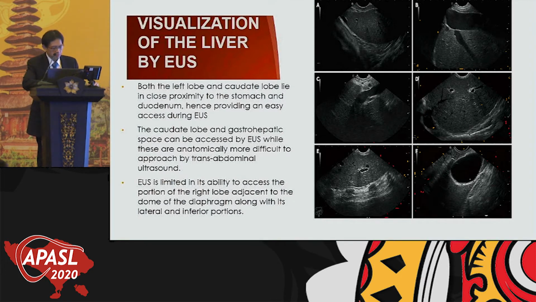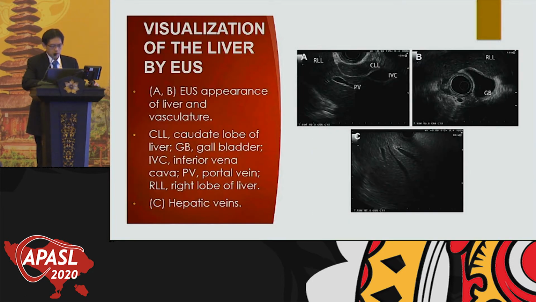Sometimes there is anatomical difficulty in approaching by transabdominal ultrasound, so maybe EUS can overcome this problem. Using EUS, we can also see not only the liver itself, but also the vasculature in the liver, the gallbladder, and other structures.